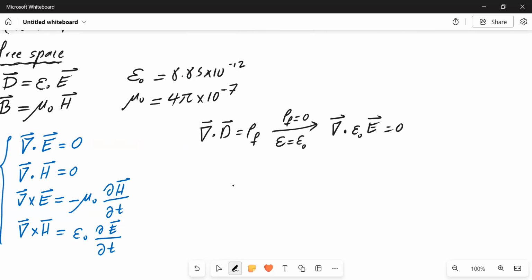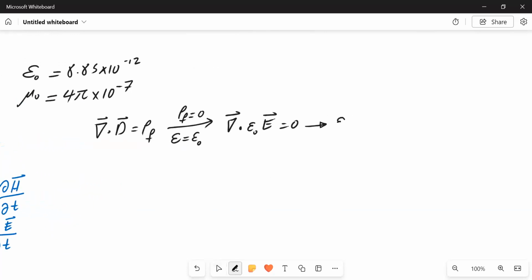And since epsilon naught is a constant, it can come out of the divergence operator. Write it as epsilon naught times divergence of E equals zero. And epsilon naught, although in SI units a very tiny number, is other than zero. So that leaves us with the divergence of E being zero.